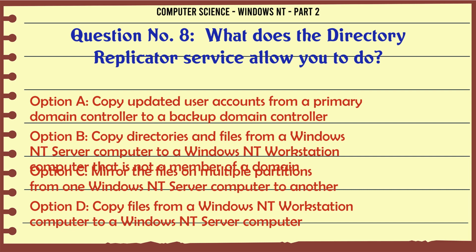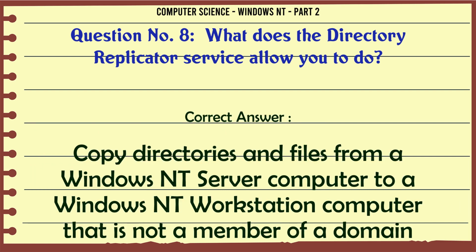C. Mirror the files on multiple partitions from one Windows NT server computer to another. D. Copy files from a Windows NT Workstation computer to a Windows NT server computer. The correct answer is copy directories and files from a Windows NT server computer to a Windows NT Workstation computer that is not a member of a domain.